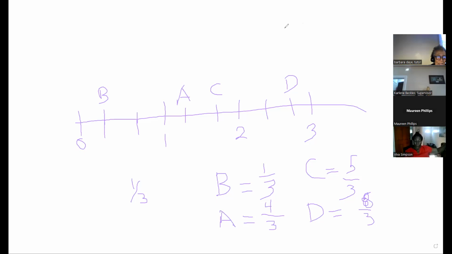Let me save this and put another one up there. Let me clear. Now let me put another one up here to make sure, because it works for all fractions. This one is different from the other one that you had with the 0 in the middle. A number line can have plus and minus, it could be all plus, or all minus.